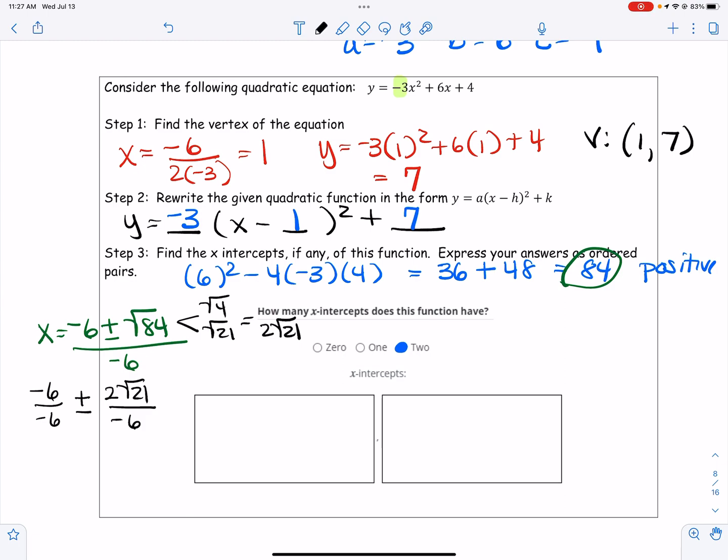So the way I'm going to simplify, negative 6 over negative 6 makes it 1, plus 2 square root of 21 over 6, because negative over negative is going to make it positive, and that's 0, and then y is 0. And then I'm going to have 1 minus 2 radical 21 over 6, which actually I could simplify a little bit further.